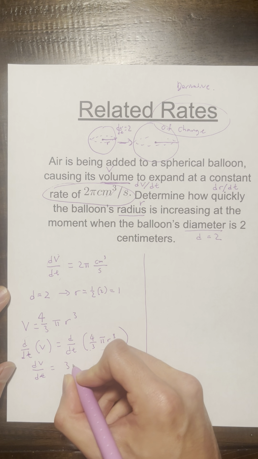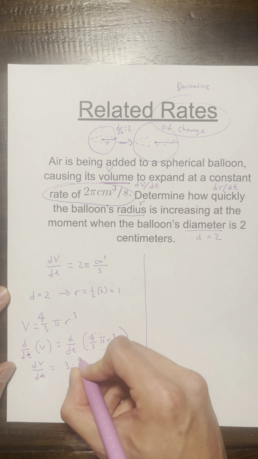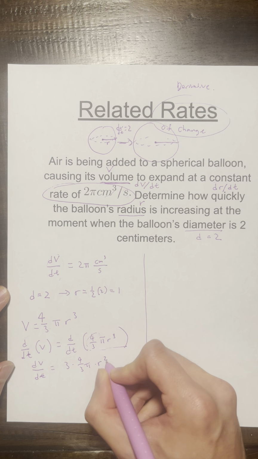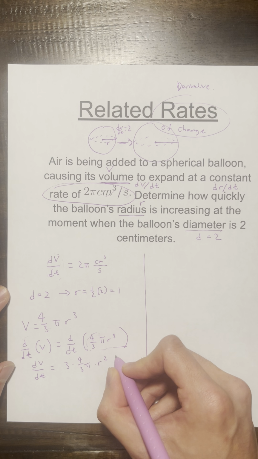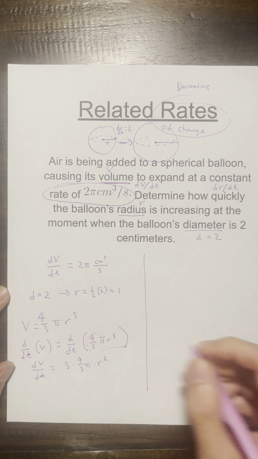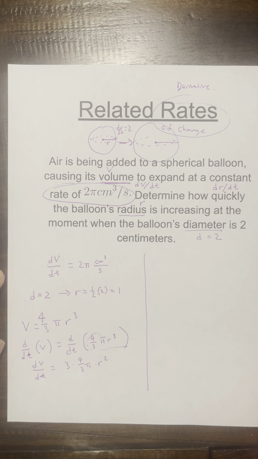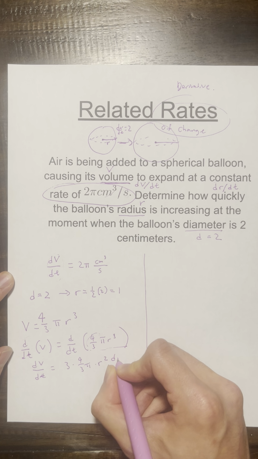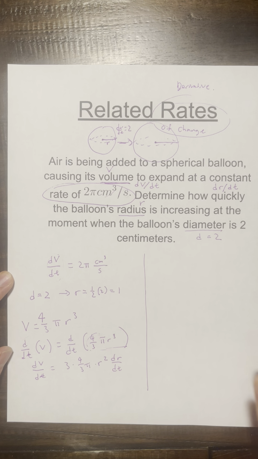So it's going to be 3 times this times r squared, because I need to subtract 1 from the exponent. And then I also need to include dr/dt.